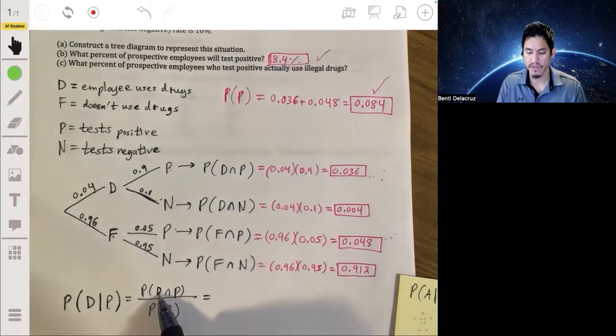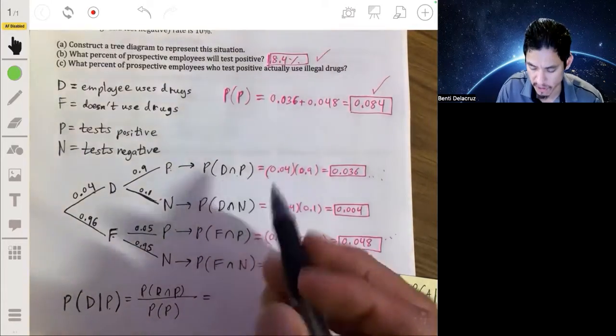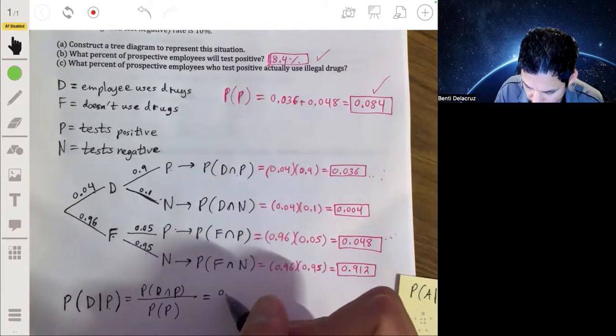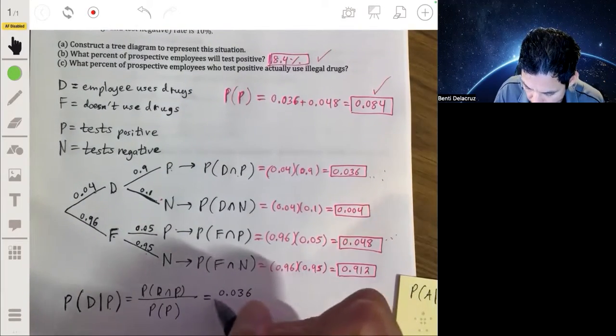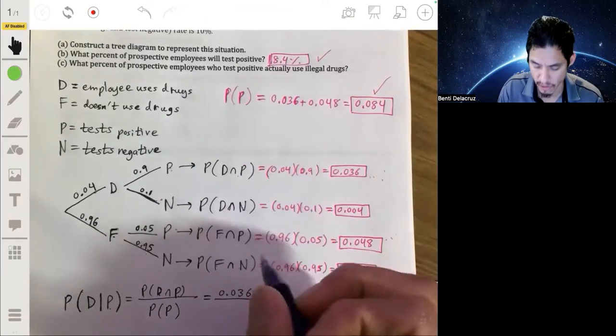So the probability of D and P would be this one right here, because that's the probability of using drugs and testing positive, so 0.036, divided by the probability of testing positive, which we found up here to be 0.084.